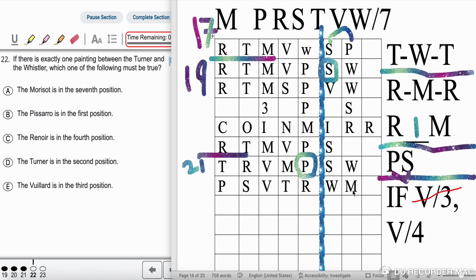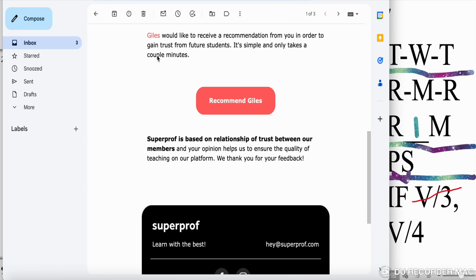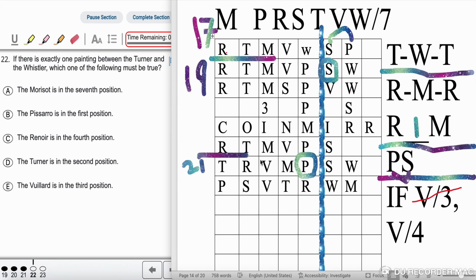Let's see if it must be true. Let's go ahead and verify that information. Make sure that what you considered, no other information is going to be able to be established.